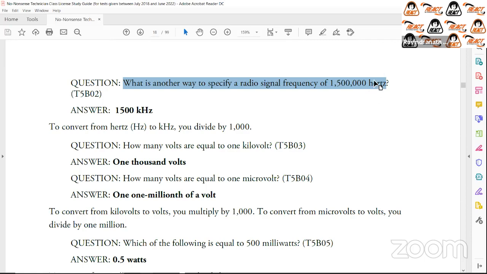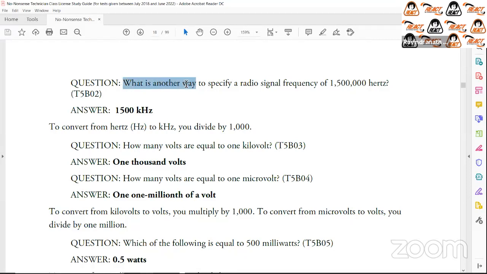So it doesn't matter whether we're talking about volts or watts or even terms that we haven't come across yet in our course. The concept remains the same. Once we hear kilo or milli or anything else before, we should not get confused.